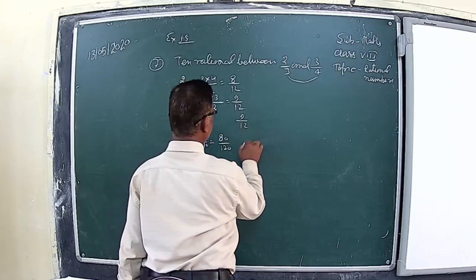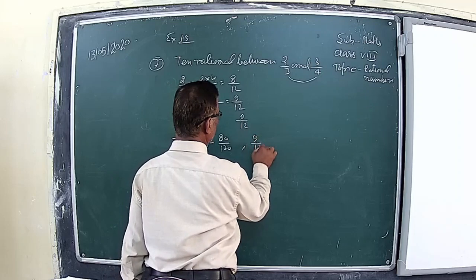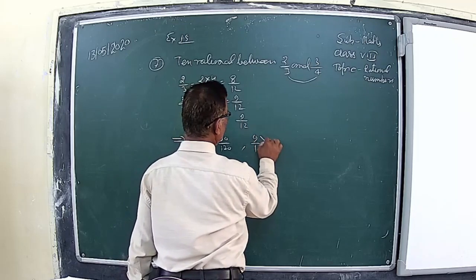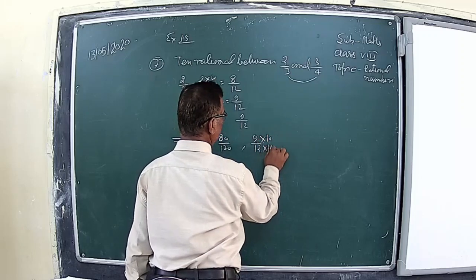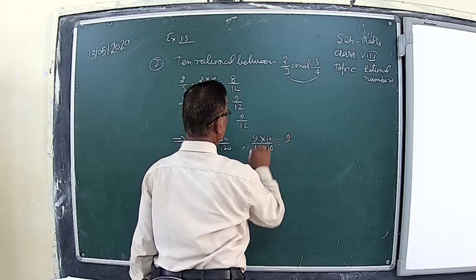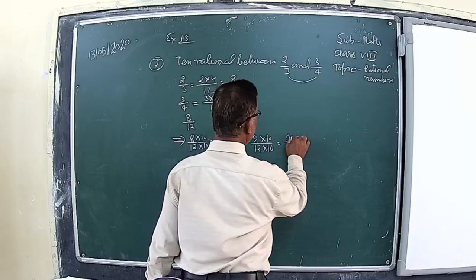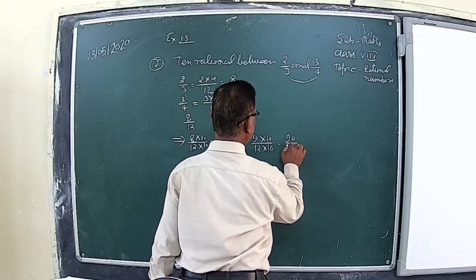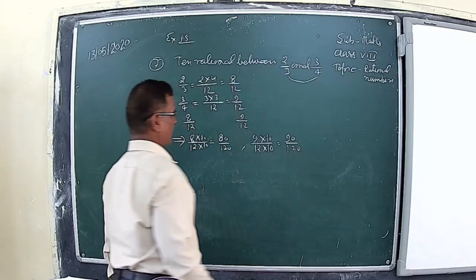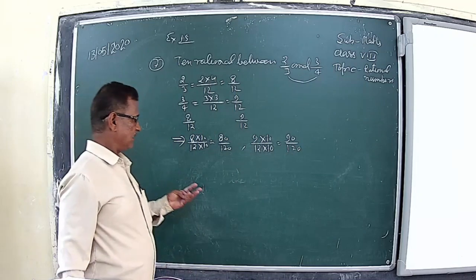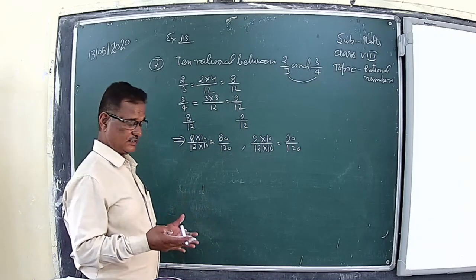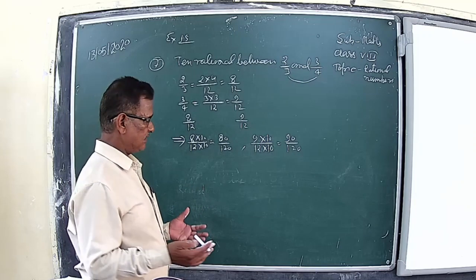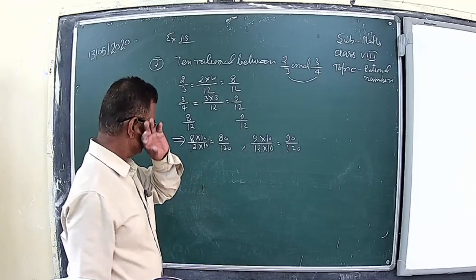And this number, 9 by 12, multiply 10 with 9 and 10 with 12, 90 by 120. Between 80 and 90 we count 81, 82, 83, 84, 85, 86, 87, 88, 89, only 9 we get.